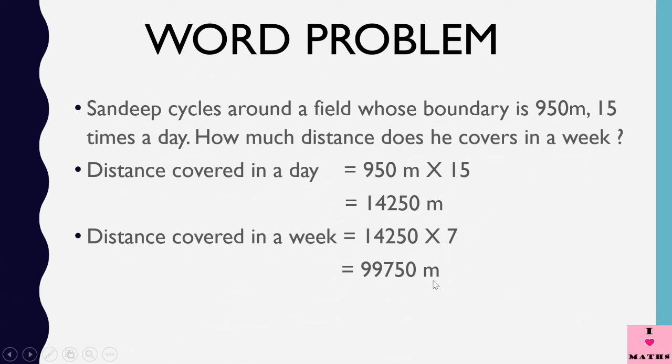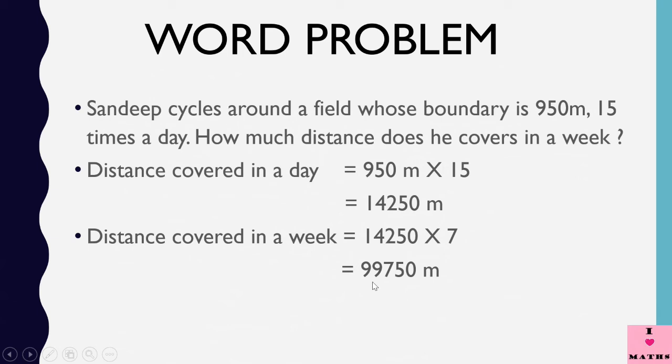meters. Now children, you remember that in 1 kilometer we have 1000 meters. And when I was teaching you how to change meters to kilometer and meter, I taught you a trick.